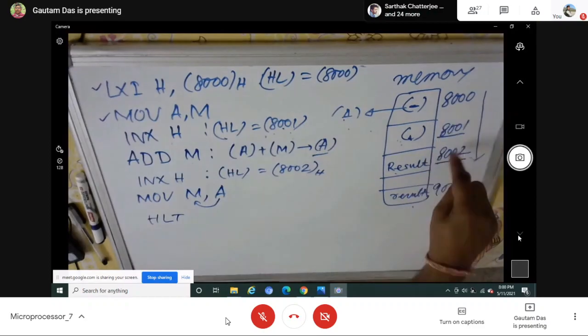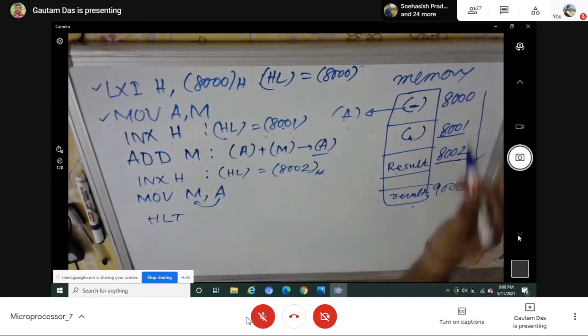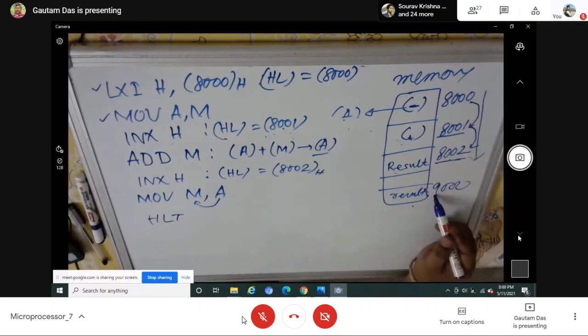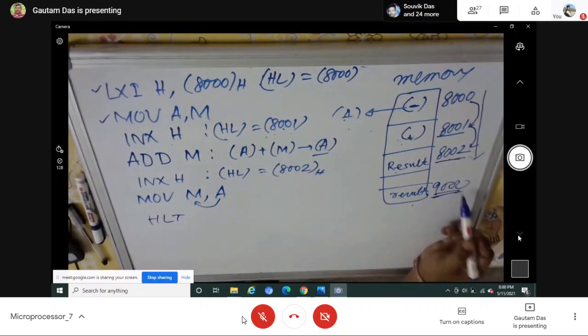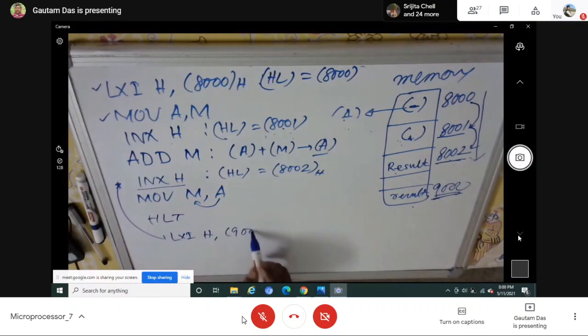Then to go to the next consecutive address, you use the INX H instruction, which is a 1-byte instruction, so you can go gradually from one register to the next just by incrementing the HL content by one. But if your operation is not on consecutive registers, just like I told you, if you store the result in 9000, you cannot use INX H. Then of course you have to write LXI H 9000, then MOV M, A. So that is a different thing. That depends on your problem, whatever you are trying to solve.